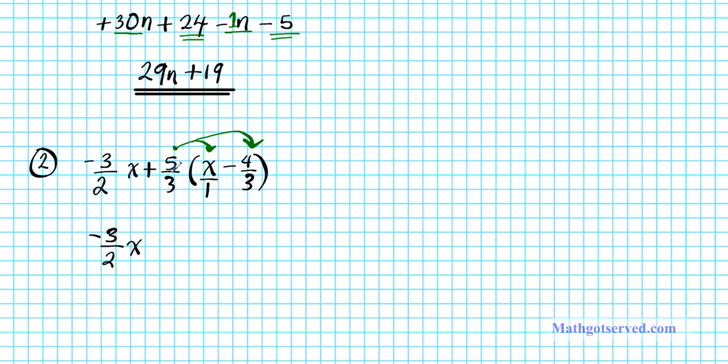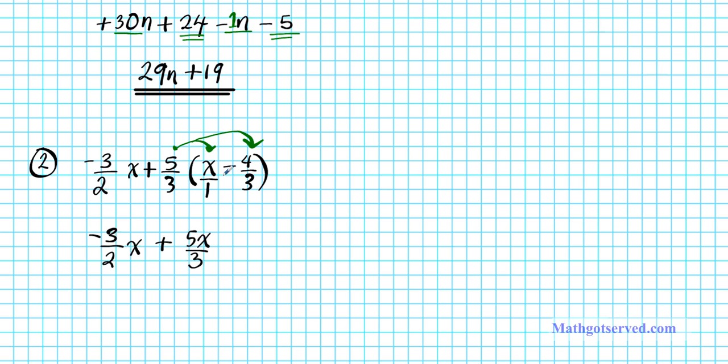Positive 5/3 times positive x over 1. The signs are the same, so we bring down a plus. 5 multiplied by x is just 5x, and then 3 multiplied by 1 is 3. Remember, you multiply the numerator and denominators.